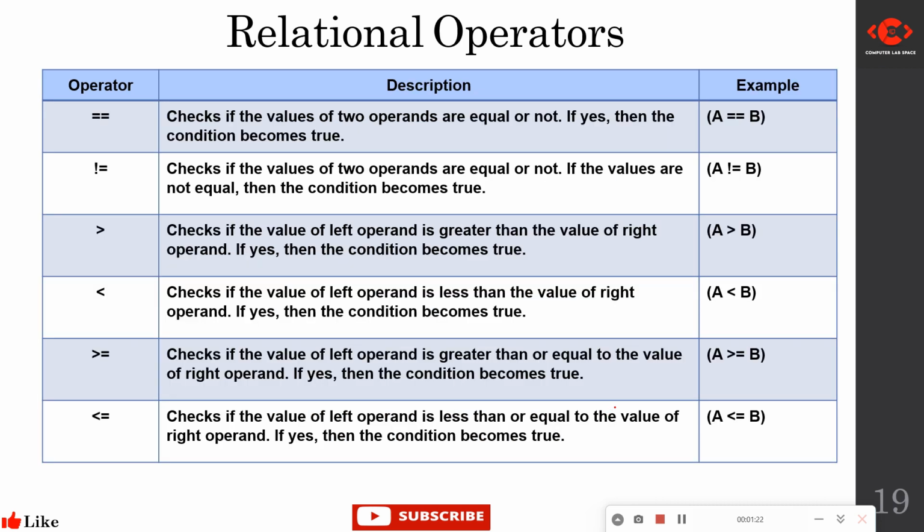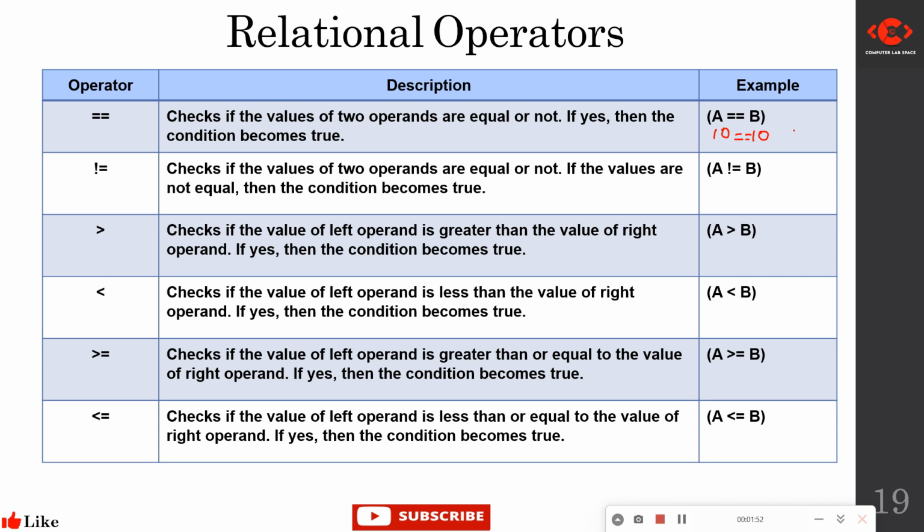Then relational operators, as I already told, explain the relationship between two operands. We call these relational operators. For that we have the equal sign, that means whether a is equal to b. For example, if the value of a is 10 and b is also 10, we check whether a's value is equal to b's value. Like this we check the relationship between the two operands.